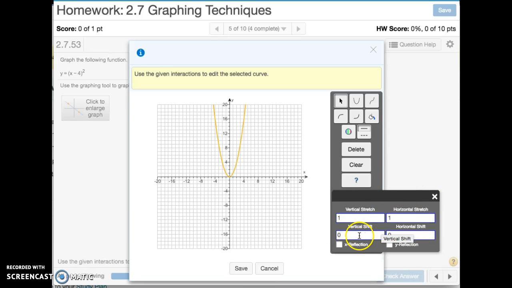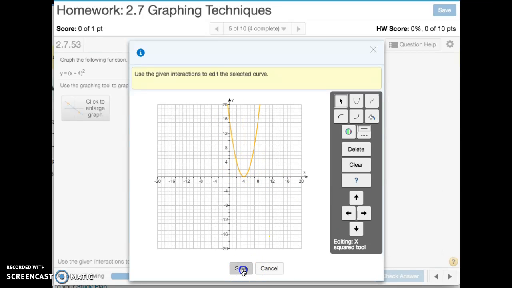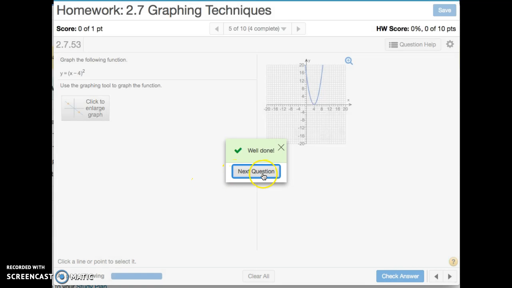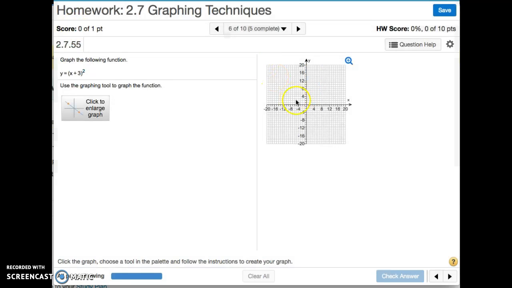So this is a horizontal shift by 4 units, so we're going to type in 4 and see that it automatically shifts it for you. We can press save and check our answer. So that's our basic graph of y equals (x minus 4) squared.